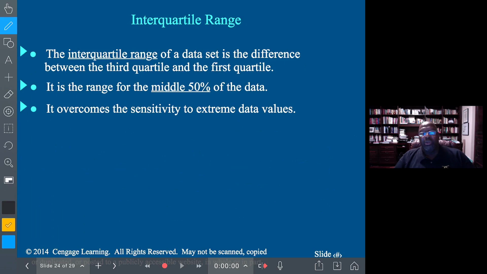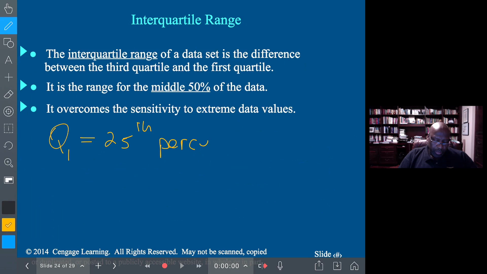The interquartile range. Remember we talked about percentiles and quartiles. What we have to learn to do is calculate the quartiles. Quartile number 1 is the 25th percentile. Quartile number 2 we know is the median, the same as the 50th percentile.